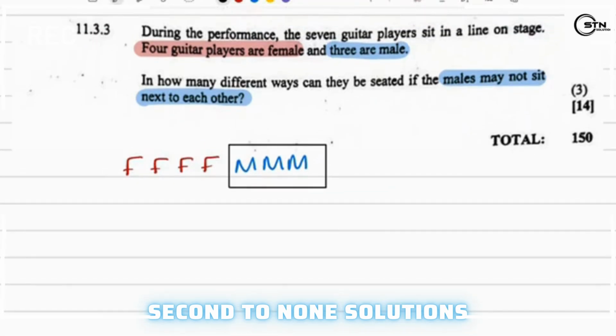Let me think about that. Okay, I'm just going to go with this. They're saying the males may not sit next to each other, so I'm going to see it as no males must be sitting next to each other, not necessarily just the 3 males sitting next to each other.